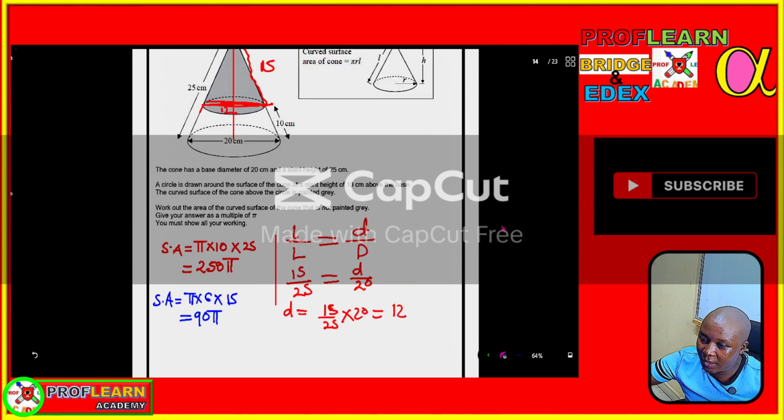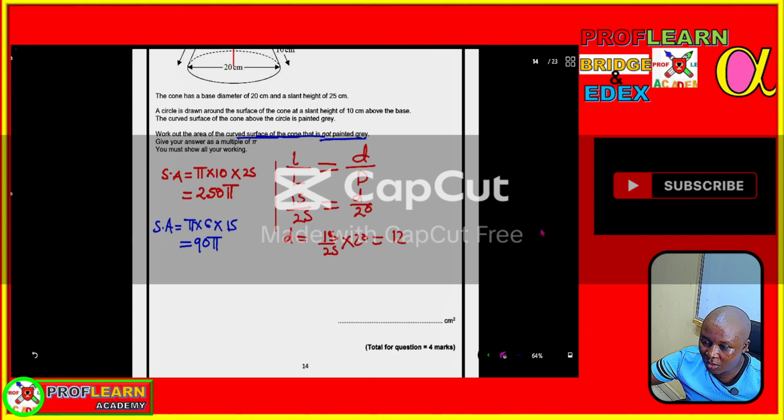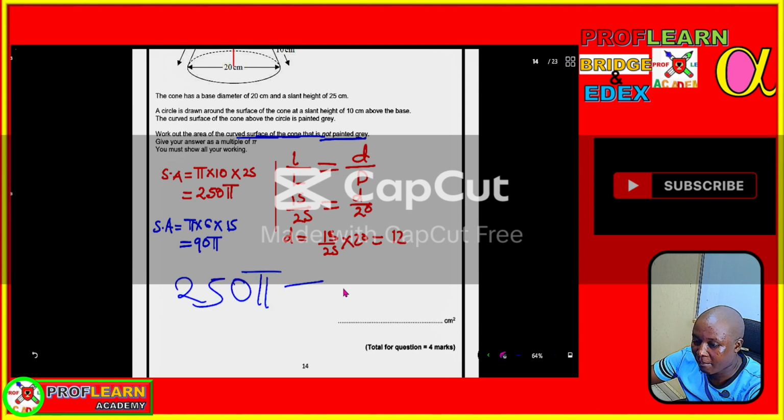Then because we were asked to work out the area of the curved surface of the cone that is not painted gray, this is going to be 250 pi minus 90 pi.